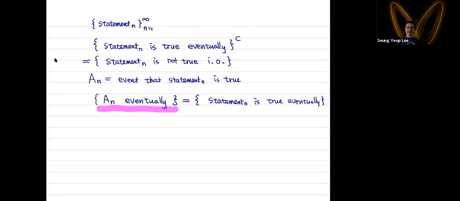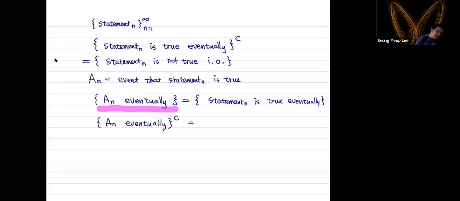That's the meaning. And of course then the complement of An eventually will be: omega doesn't belong to An, which means it belongs to An complement infinitely often. An complement is also the same thing as statement n is not true.